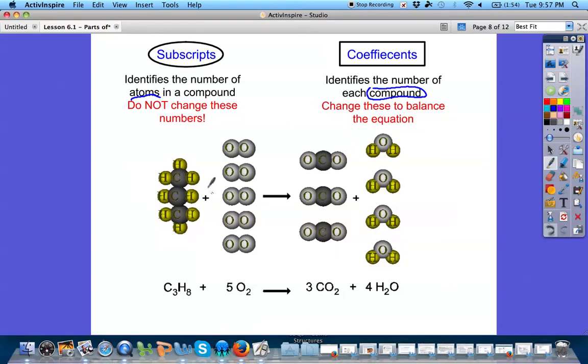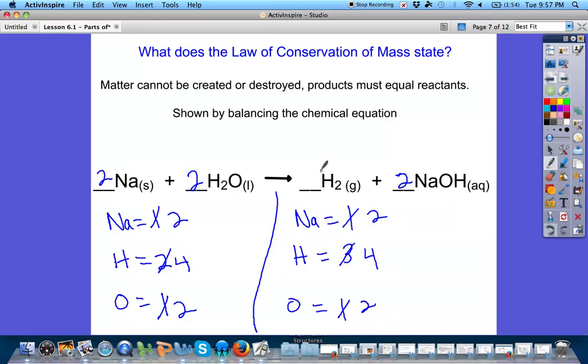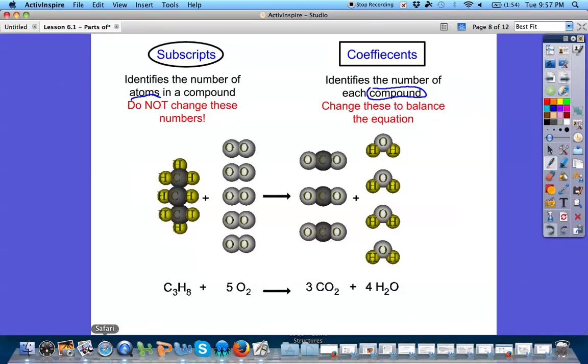When we get into balancing, you cannot change your subscripts, but you will be changing the coefficients in order to balance it. That's these big numbers out front that I changed in order to balance out the chemical equation. So take a minute and circle the subscripts and box the coefficients in this reaction.